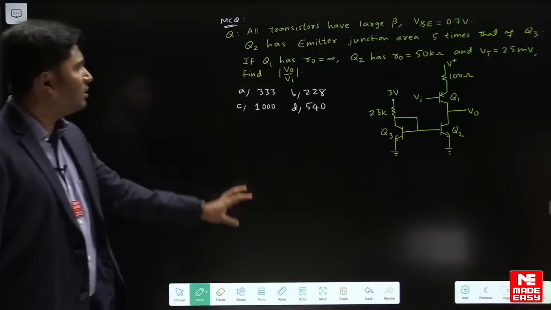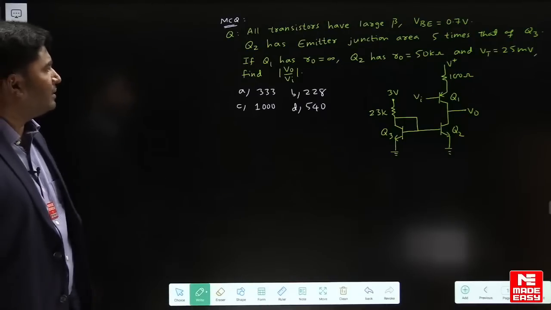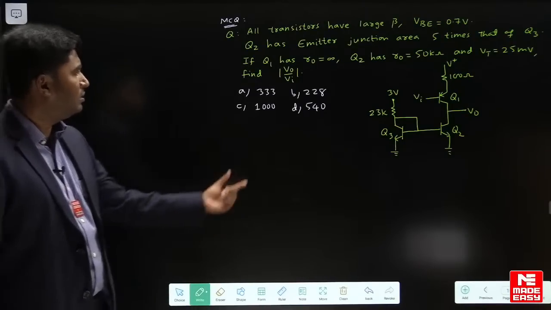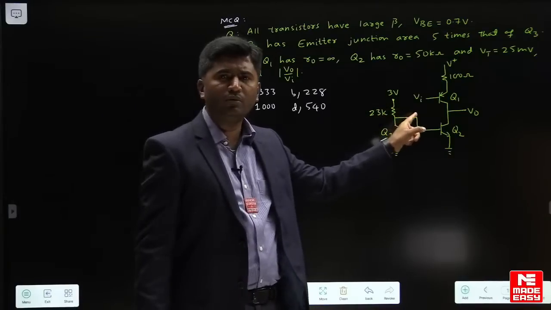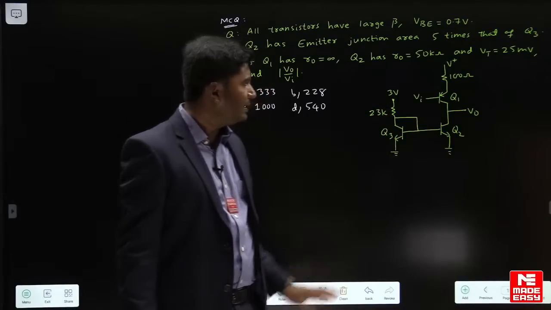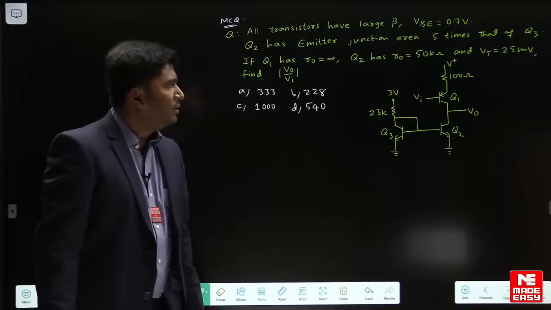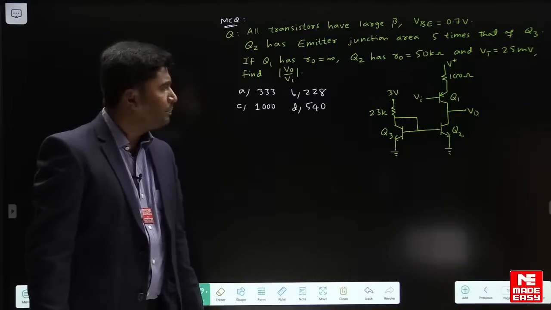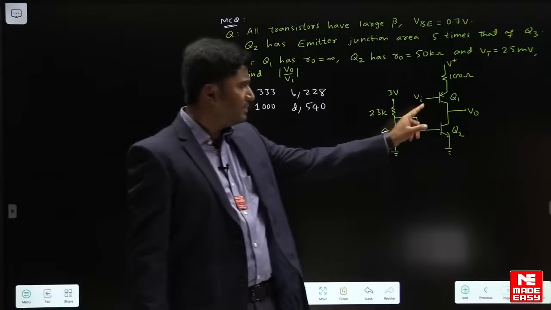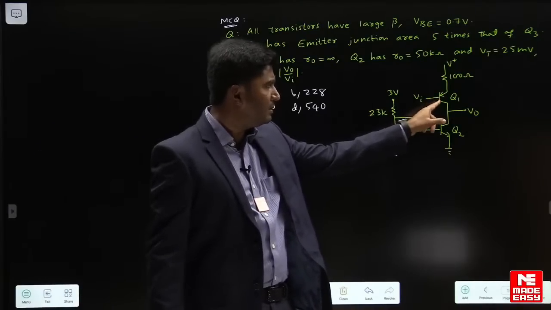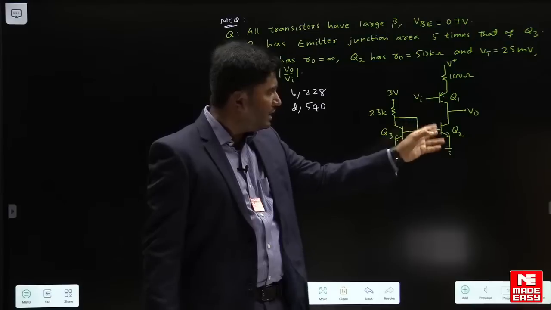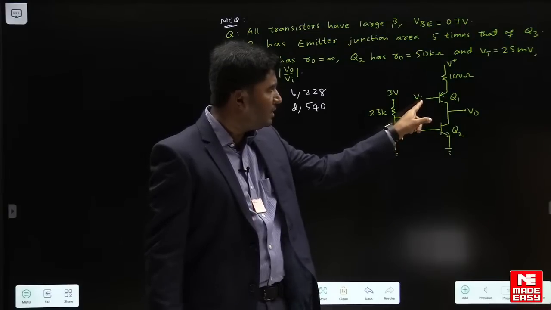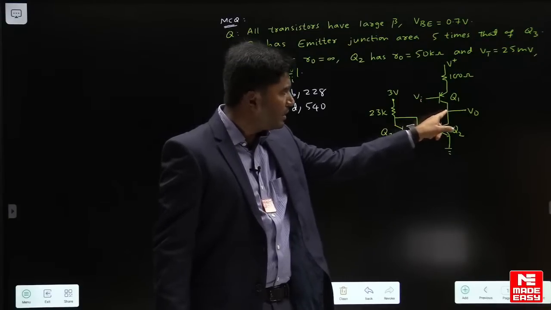Now this one is based on a BJT amplifier, and we have to find out the voltage gain V naught upon Vi. If you observe carefully, Q1 is a PNP transistor, emitter is up here and collector is down. Input is applied at the base terminal and output is taken from the collector.